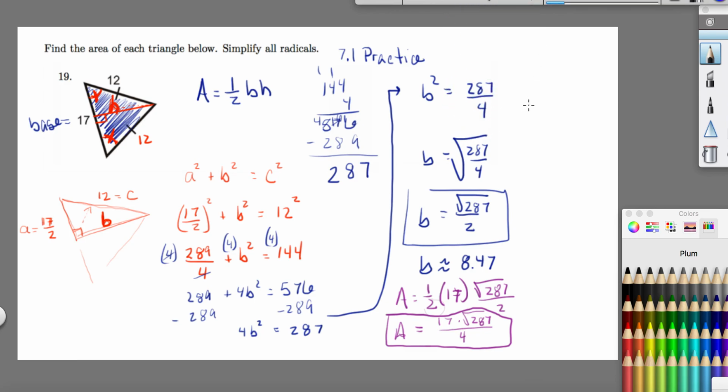Now, if we rounded this height here as 8.5, we could make this much more simple. 1/2 times 17 times 8.5, and then just use the calculator for that.